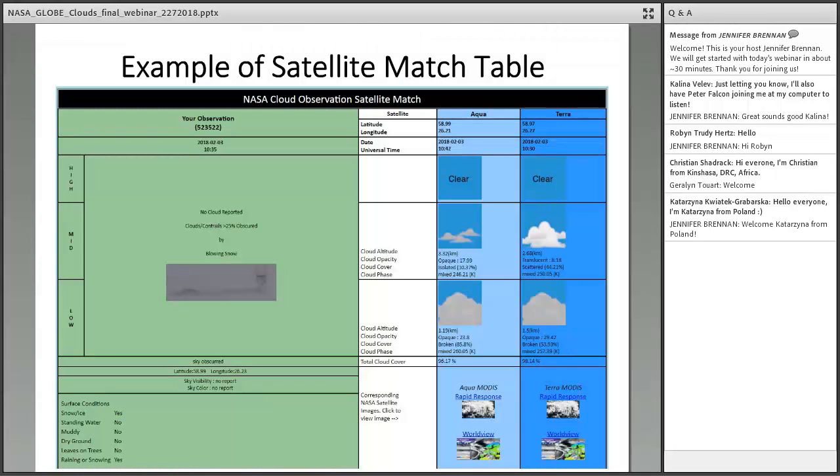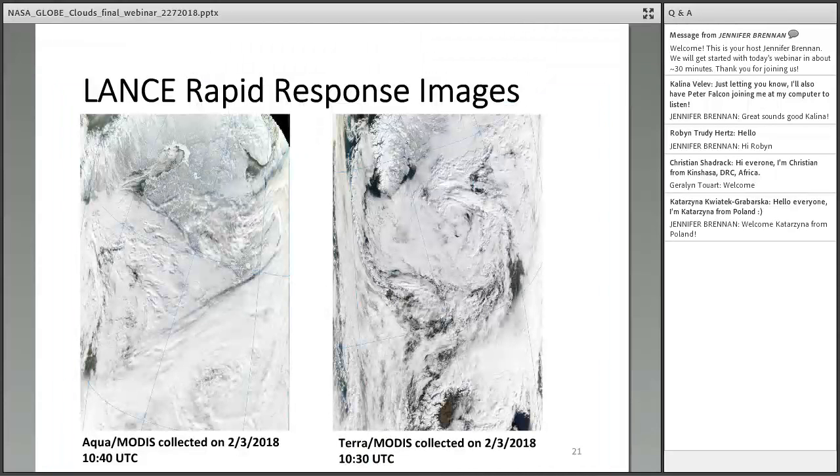We also provide the users images of satellite data through Aqua MODIS and Worldview, and Terra MODIS in Worldview, so that those users can look and see what the satellite image looks like. This is an example of the Rapid Response images that the user would look at to see.